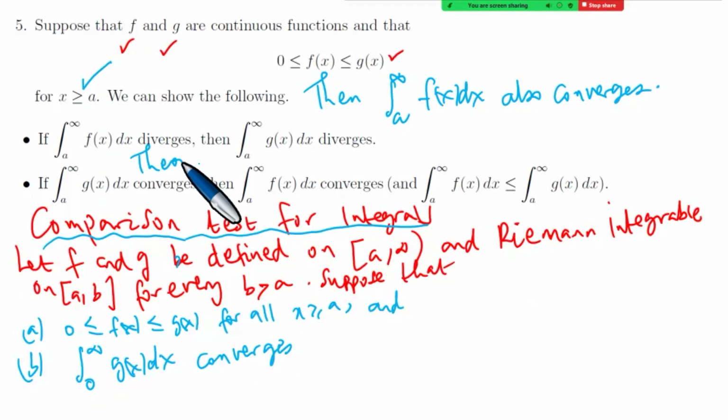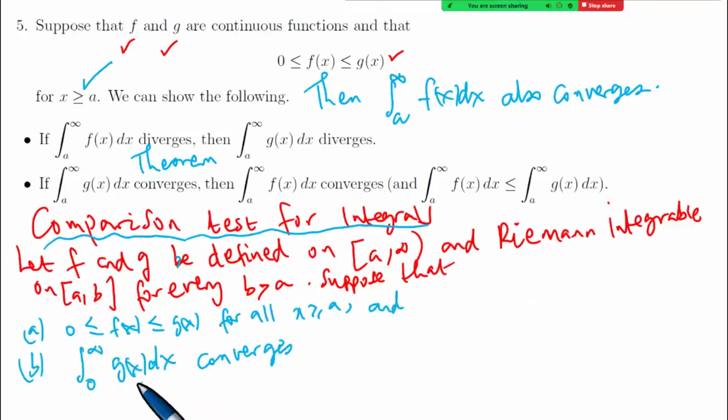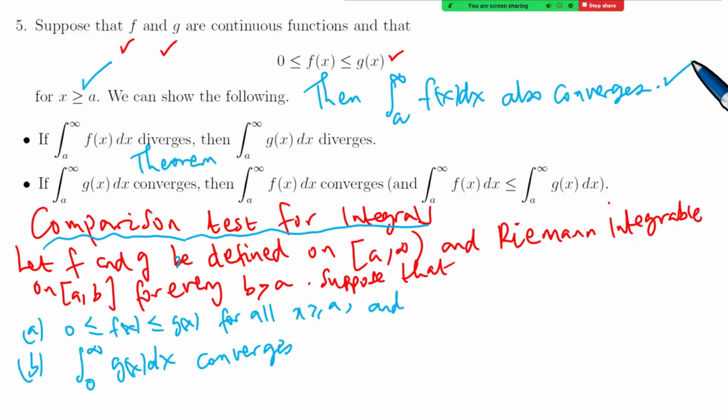It's not just anything I'm writing. This is the rule we use. Suppose, therefore, that f and g are ordered like this for all x greater or equal to a, and also this integral converges. If this is the case, then this integral converges.